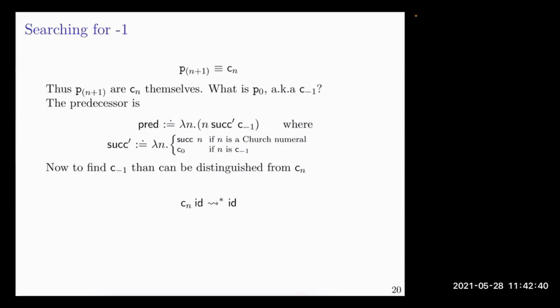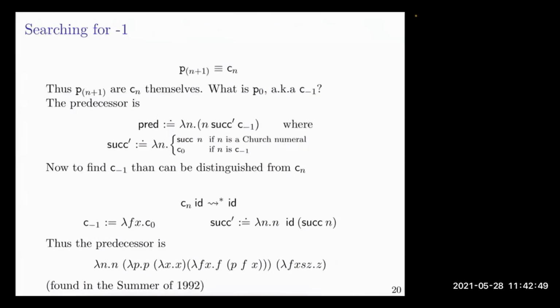Then, how do we get C minus 1? It should be a term which applied to identity returns something other than identity. A good choice, shown on the slide, is this function. Then successor prime takes this expression, and the whole predecessor is shown at the bottom of the slide. So this is the predecessor that I found 30 years ago.